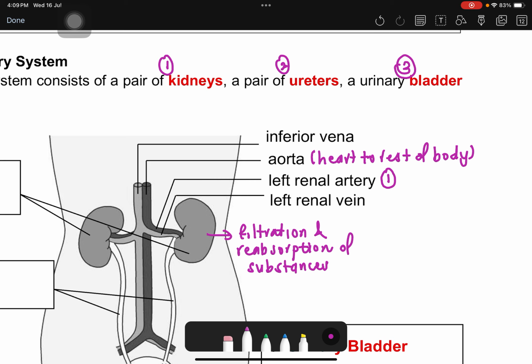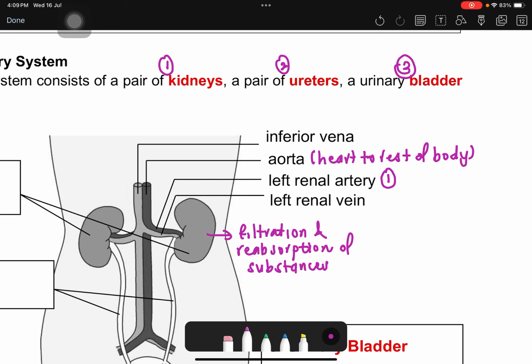So the kidney is quite amazing. It will remove by filtering out toxic and excessive substances and then paying attention to substances that our body needs and reabsorb back into our blood.